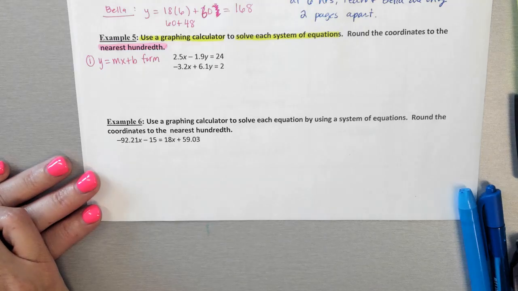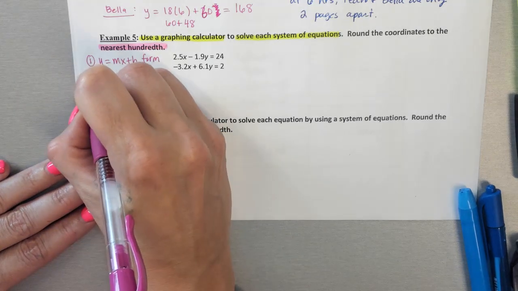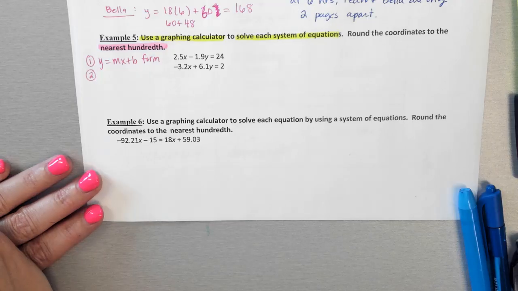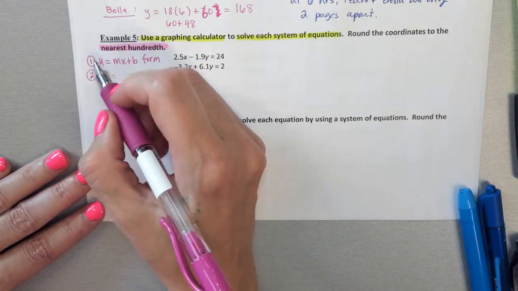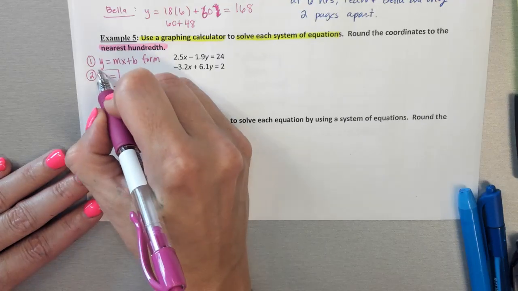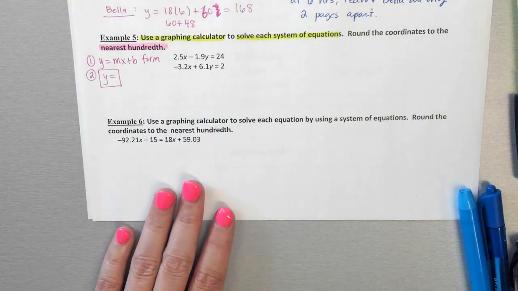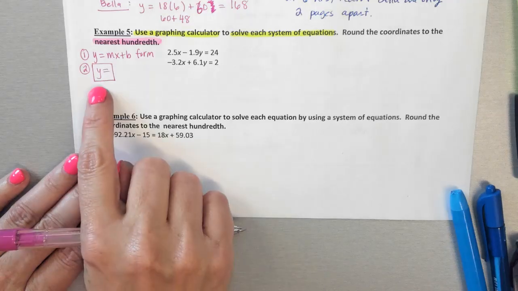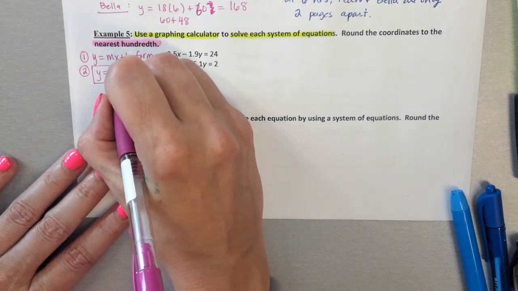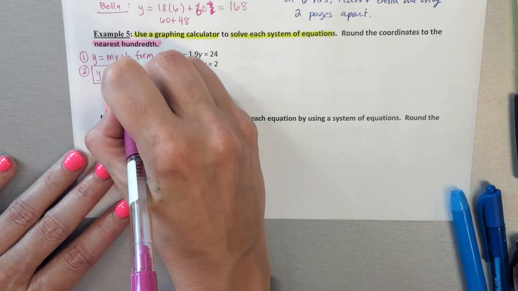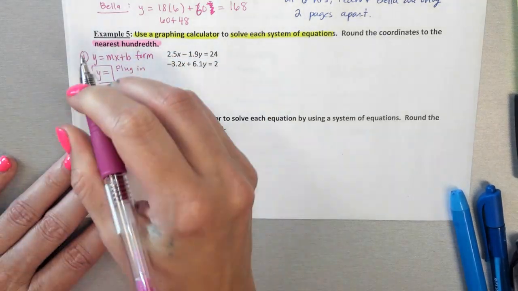After we do that, we are going to plug each equation into your graphing calculator. I'm going to teach this to you like you have never seen a graphing calculator before, because I know some of you have never graphed on a graphing calculator before. So if you hit the y equals button, you are going to see some spaces where you can plug in each equation.